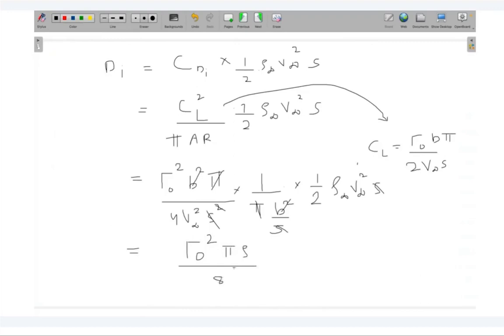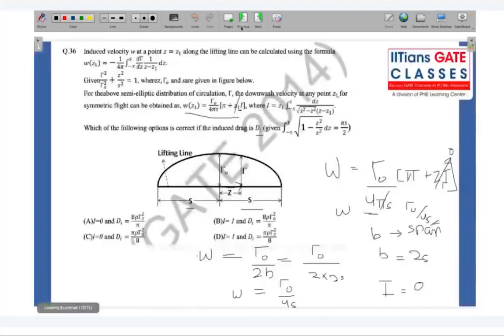Here, V infinity will also get cancelled, right? The induced drag is nothing but gamma naught square pi rho by 8, all right? So if I look at option C, I have I equals 0, di equals gamma naught square pi rho by 8. So option C is the correct answer over here. All right. Any questions on this?